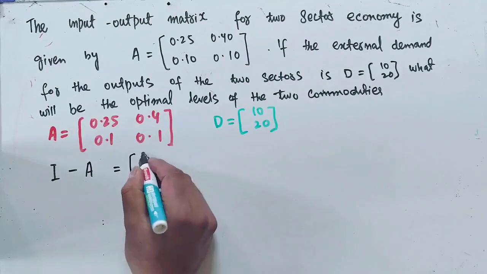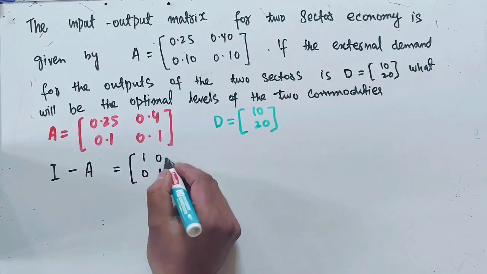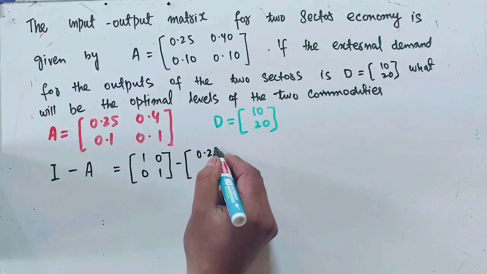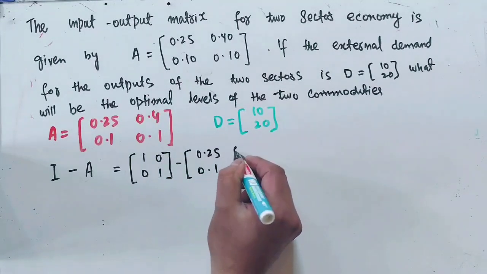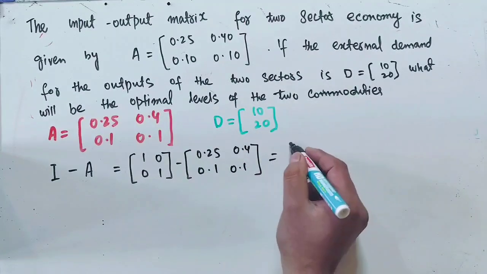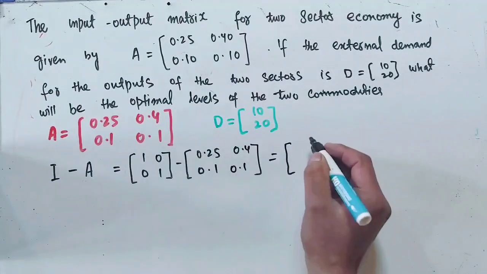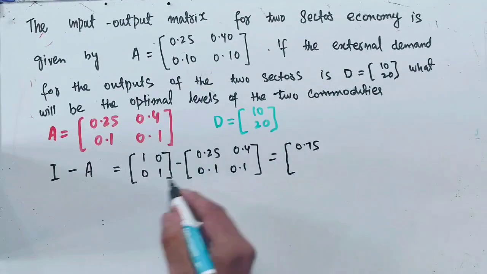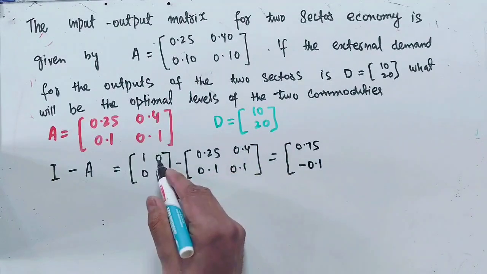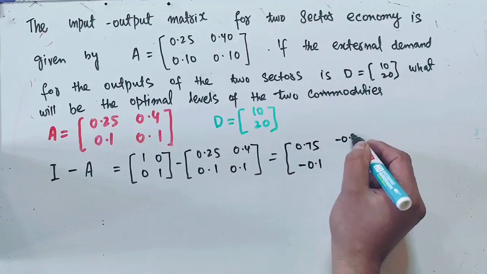So we have 1 0 0 1, and from this we subtract 0.25, 0.1, 0.4, 0.1. So we will get 1 minus 0.25 is 0.75, 0 minus 0.1, so it is minus 0.1. Here we also have minus 0.4.